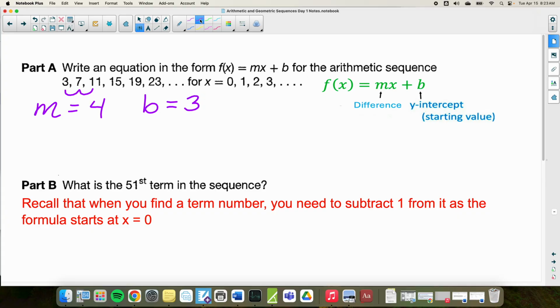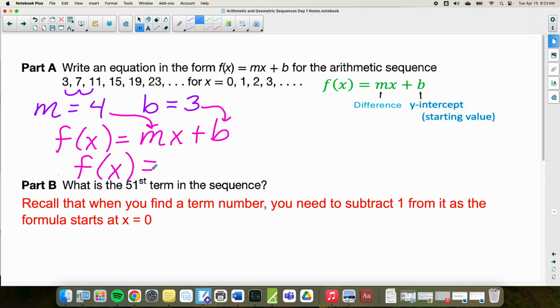And then when you go to write your equation, f of x, it's mx plus b. And again, this is one of those that's kind of open, so I would write down as much as I could for this. So I'd write this out, and then the next step, I would substitute. So f of x would equal 4x plus 3, okay?